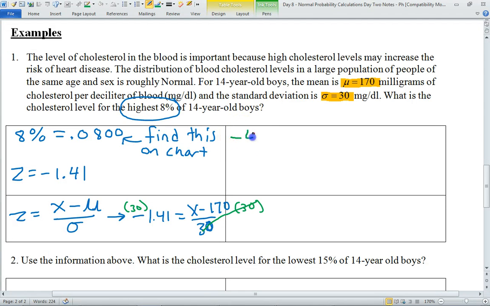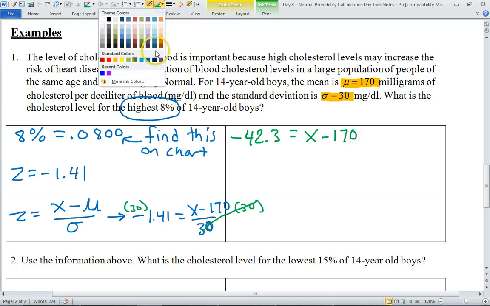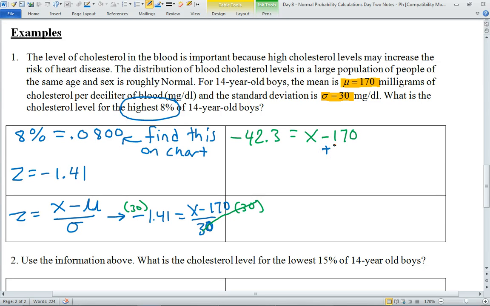Okay, so I've got negative 42.3 equals x minus 170. What do I do now? Add 170 to both sides.